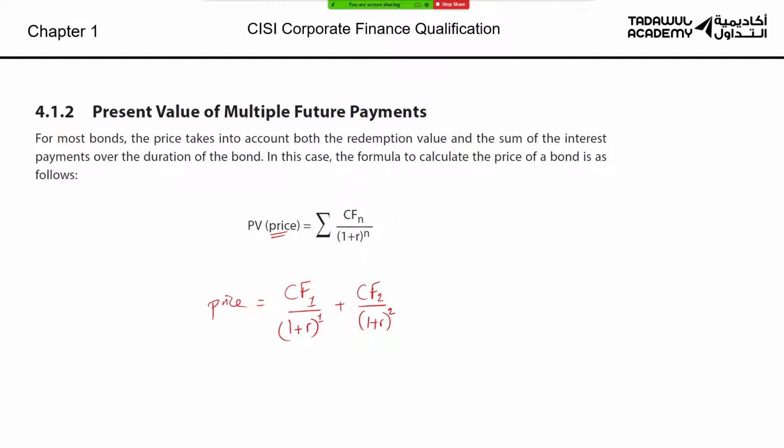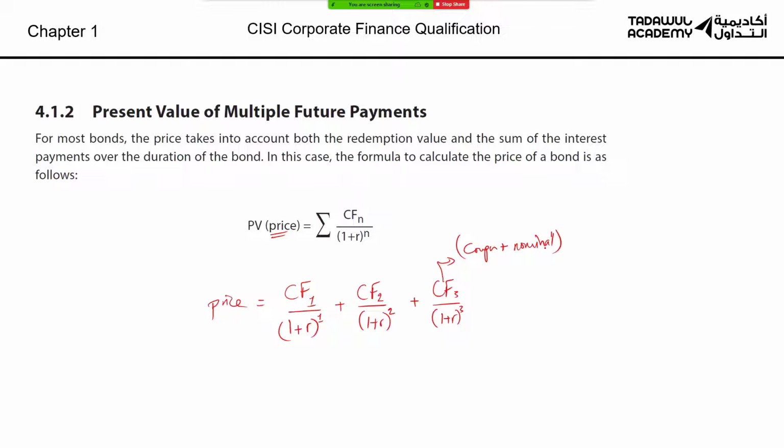So every year that passes, money loses more and more of its value. And then in the third year, you look at the cash flow of that third year over 1 plus the rate to the power 3. Now the cash flow in the third year, in the case of bonds, is going to be the coupon plus the nominal value when the bond is redeemed. But we'll get into that later.